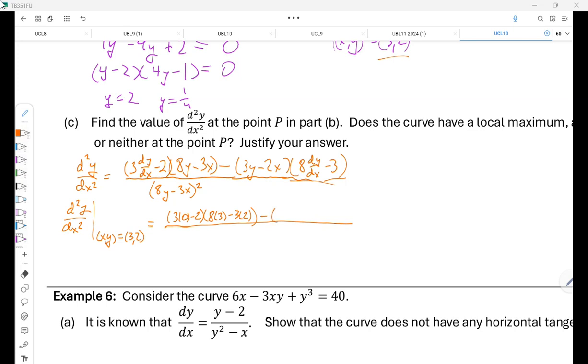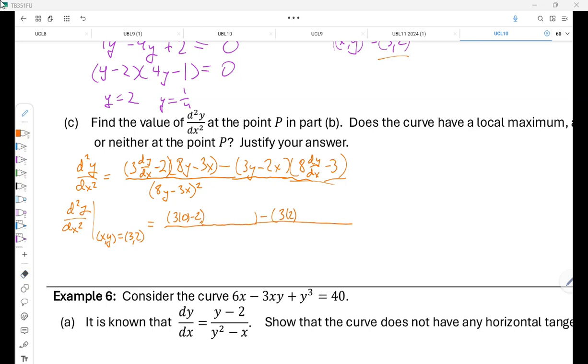Then here I'm going to have 3 times 2. I have those x's and y's backwards, don't I? In my first part, it should be 8 times 2 minus 3 times 3.